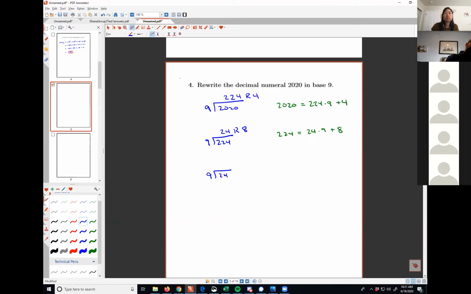And then group those 24 into 2 groups of 9, remainder 6. And of course, those last 6 don't make any further groupings.